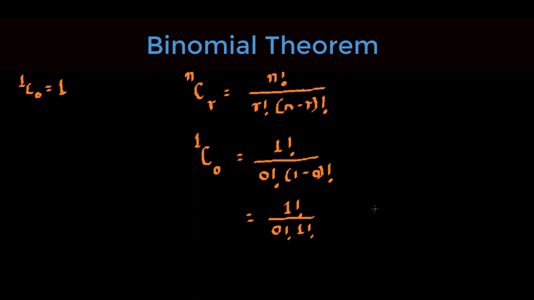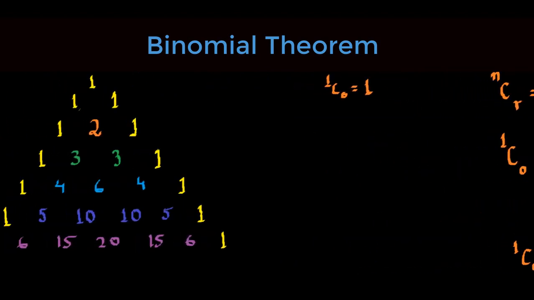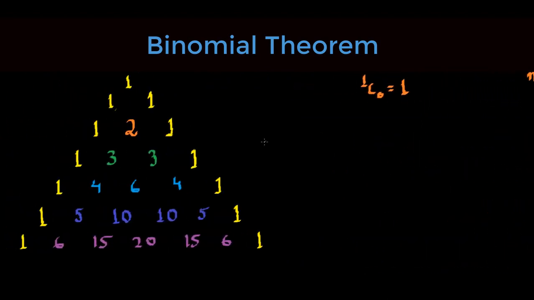Now the value of 1 factorial is 1, and the value of 0 factorial is also 1. So if you plug these values into the fraction, this should yield 1. So that's what I've done: instead of writing 1, I've replaced it with 1C0.